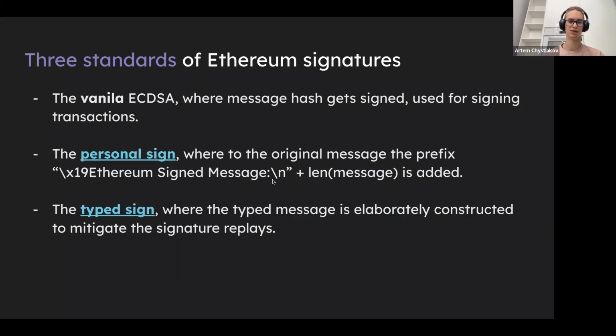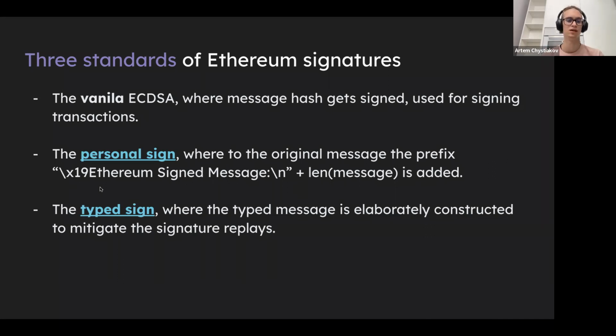Then there is "Ethereum Signed Message", newline, plus the length of the message. So this prefix gets prepended to the message, and then the whole message gets hashed again, and then fed to the vanilla ECDSA algorithm.